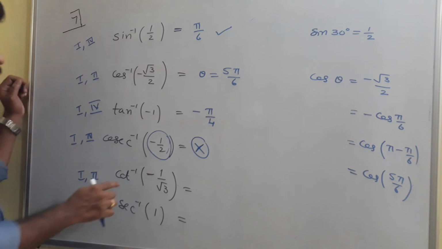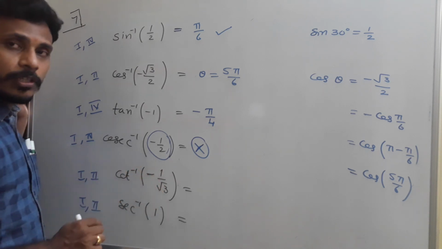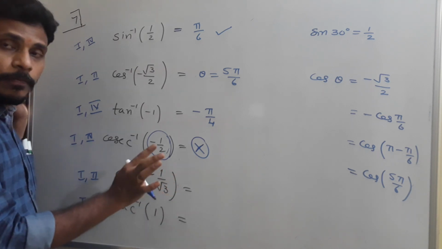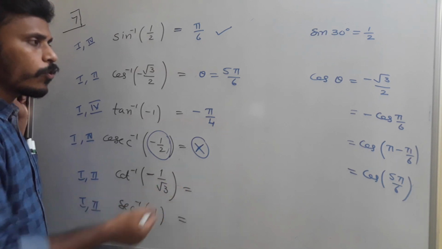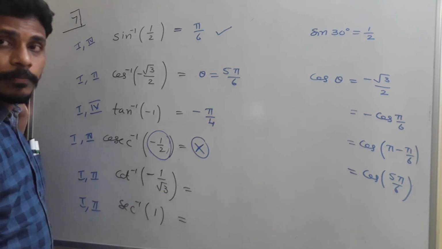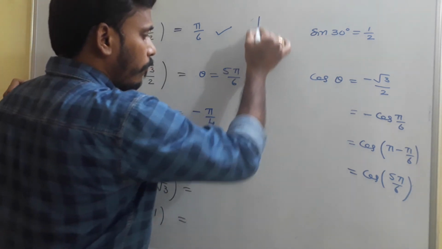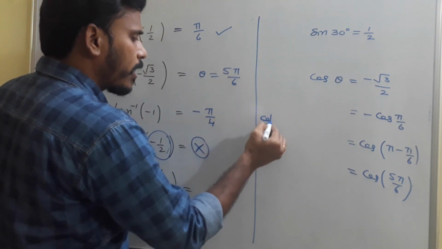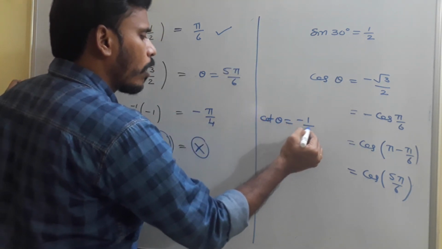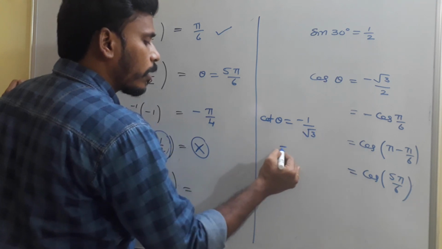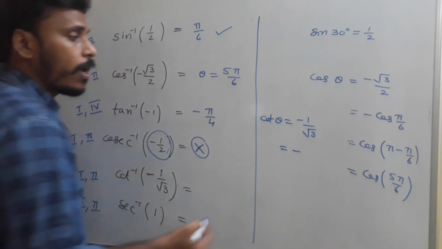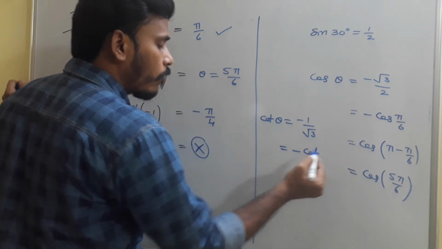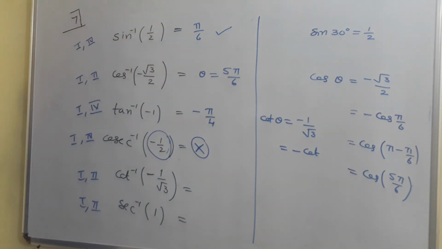And now cot inverse of minus 1 by root 3. If you don't know it, just take it as some theta. Let cot theta equal minus 1 by root 3. That is minus cot of which angle whose cot is 1 by root 3?